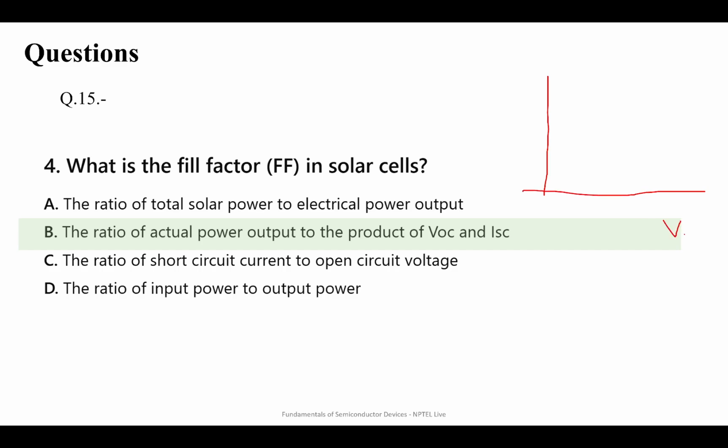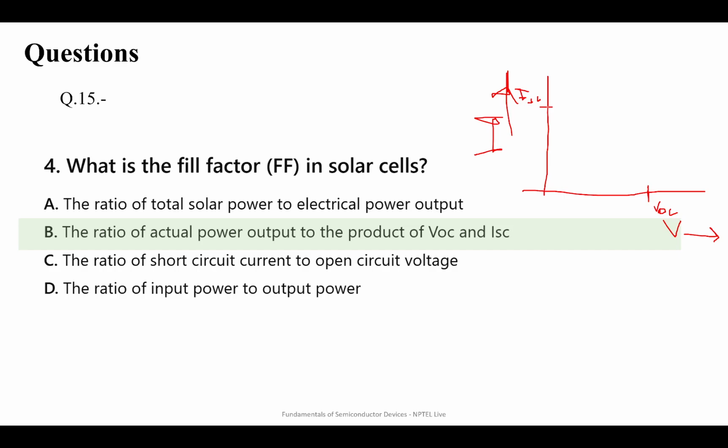So this is V and this is I. This is my VOC and this is my ISC. What is theoretically the maximum power output I can get with this solar cell?